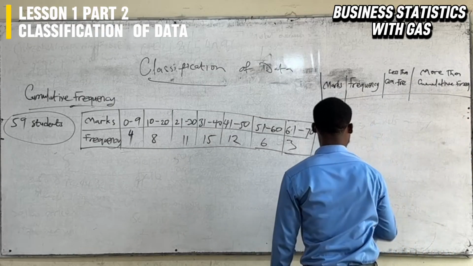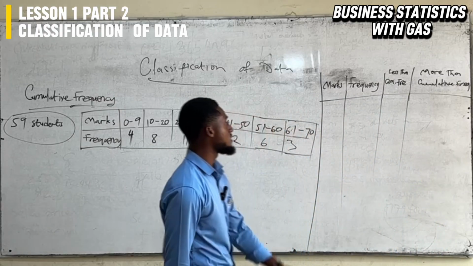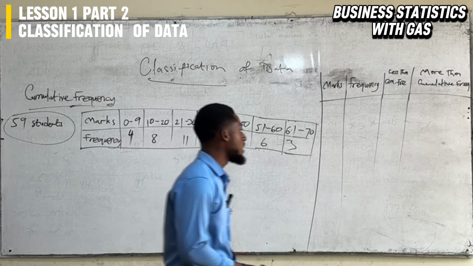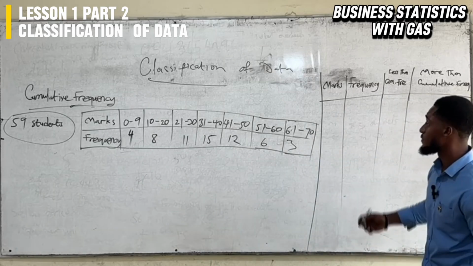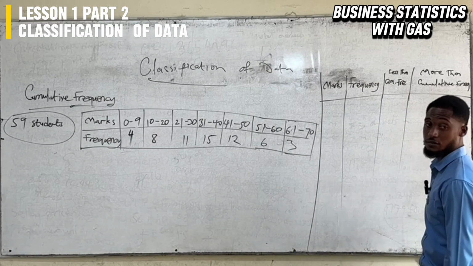I remember vividly that I explained the less than cumulative frequency and the more than cumulative frequency. With the less than cumulative frequency, you start from the apex, from the top, and with the more than cumulative, you start from the bottom.